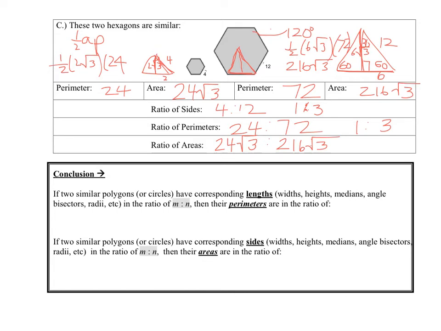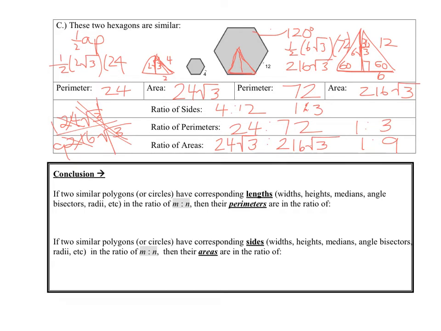So if you think of that as a fraction, if you had 24 radical 3 over 216 radical 3, I'll just sketch this over here. Basically, you can cancel out the radical 3's, right? They both have that, so that would cancel out if you were reducing it. And then 24 goes into 216 9 times. So my final ratio of areas, if I reduce this, would be 1 to 9. Because I cancel this part out, this goes to 1, this goes to 9. So we're just left with 1 to 9 for the ratio of the areas.